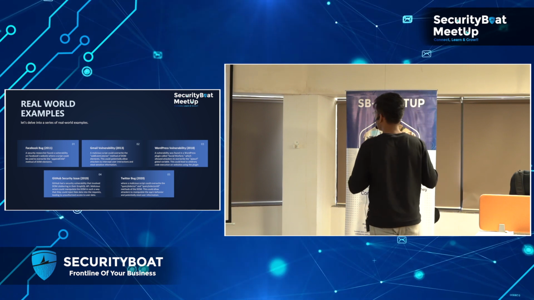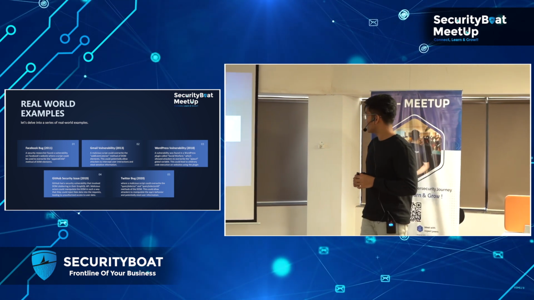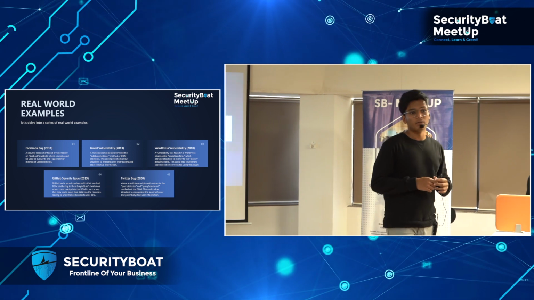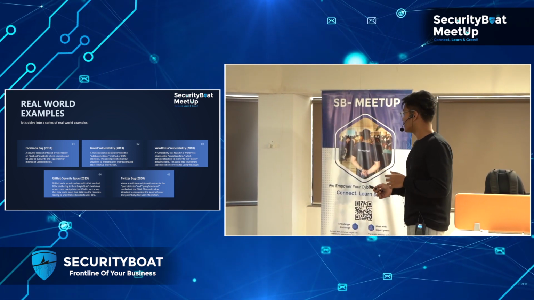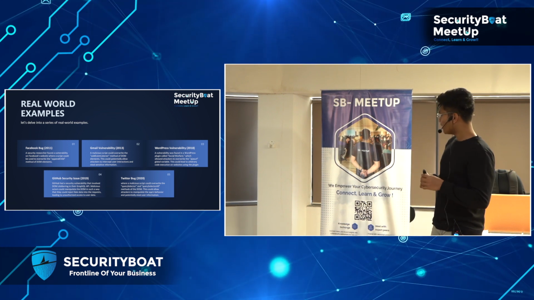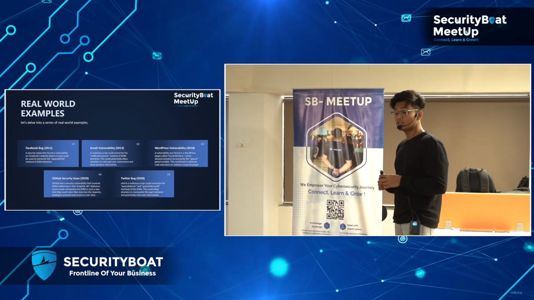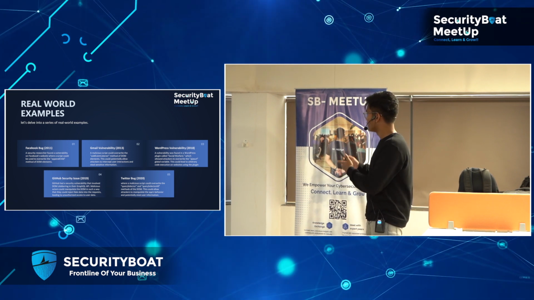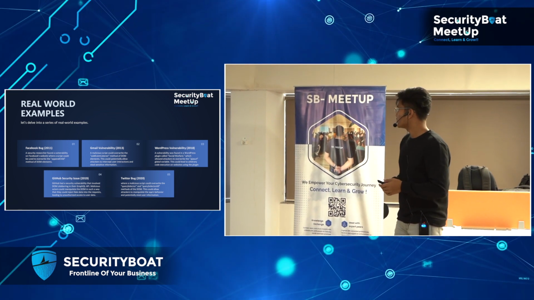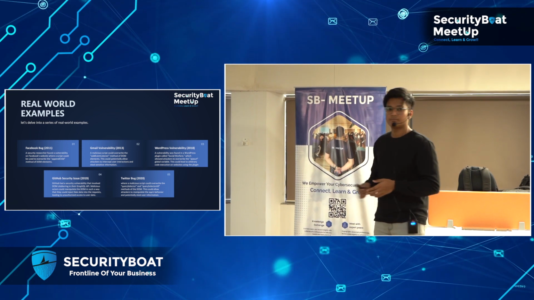And then we have a Gmail vulnerability in 2013. Then we had a 2018 vulnerability in WordPress. The thing to highlight here is that it exploited a social warfare plugin of WordPress and allowed attackers to override the global variable.